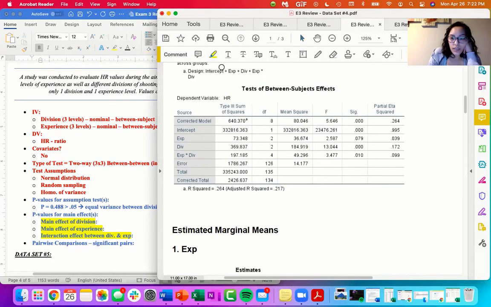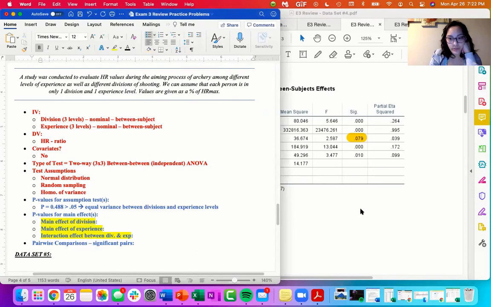Experience has a p-value of 0.079, and we can accept the results of this test because we met our homogeneity of variance assumption. So p is equal to 0.079, which is greater than 0.05.